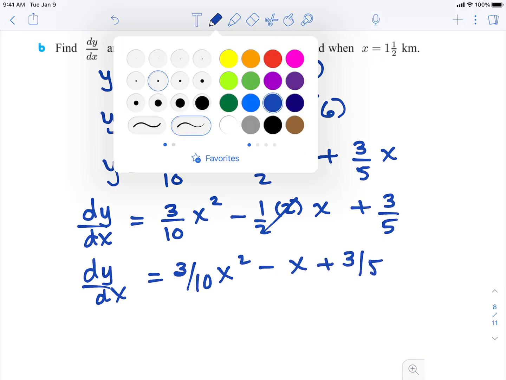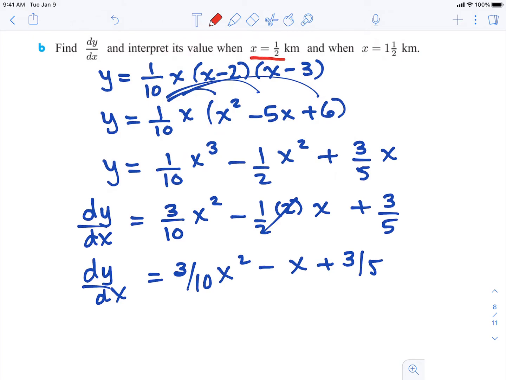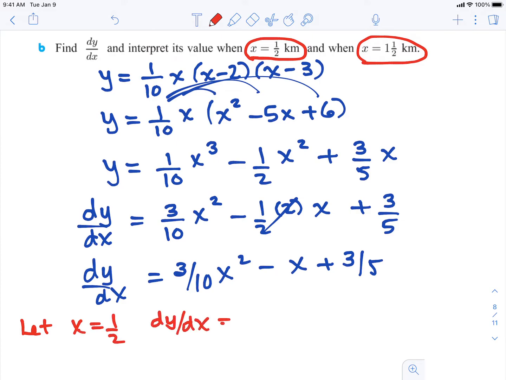Now we're going to substitute 1/2 and 1 1/2 in for x, and then use our calculator to simplify.